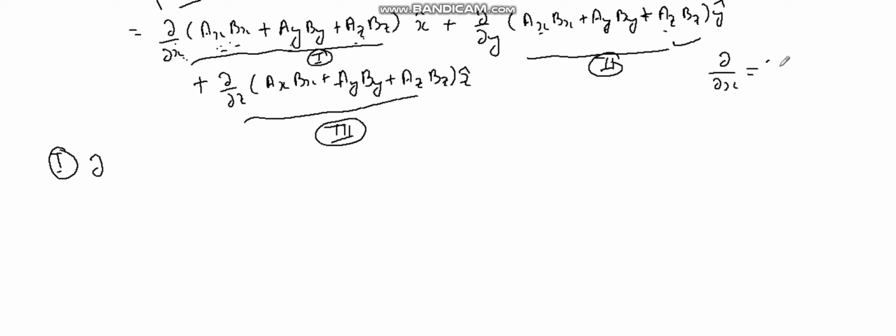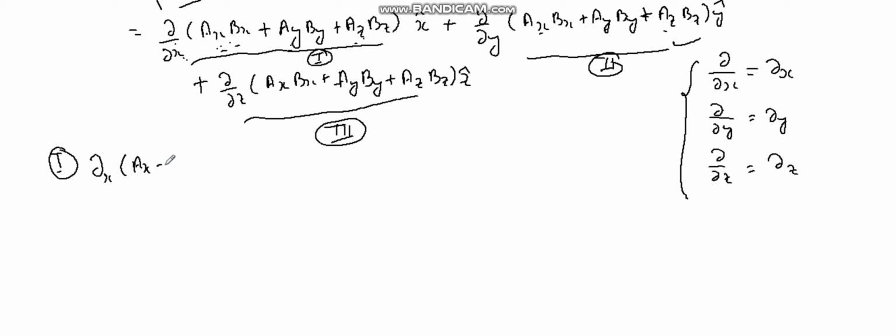I will write it as del x. In a similar way, del by del y will be written as del y, and del by del z I will write as del z. So this is del x (ax bx plus ay by plus az bz).